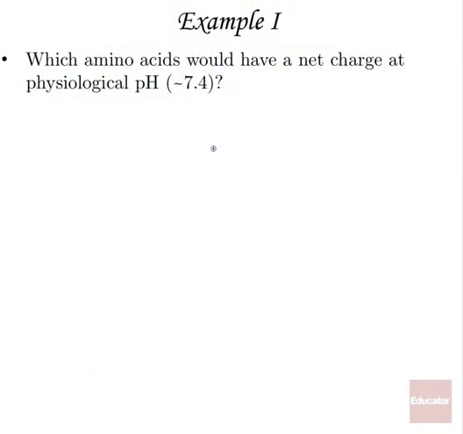Now, for our first example, if we can just do a little bit of memory recall, which amino acids would have a net charge at physiological pH, which, as I said before, is about 7.4? Well, what that's saying is what amino acids have negatively or positively charged side chains, because that's the only thing that's going to contribute to the charge, because the Zwitterionic form is neutral in and of itself.